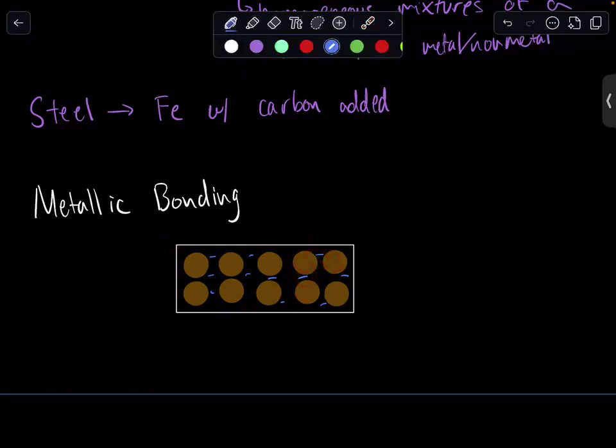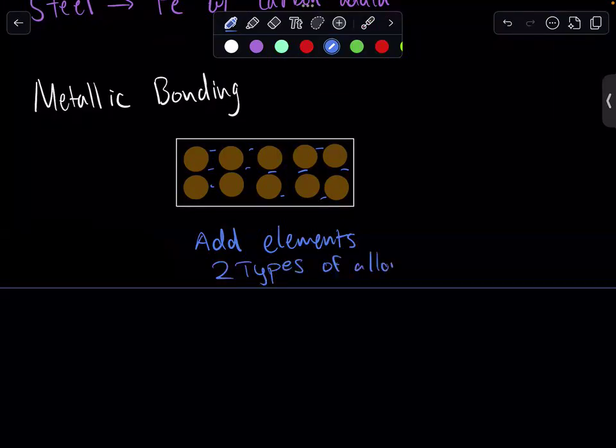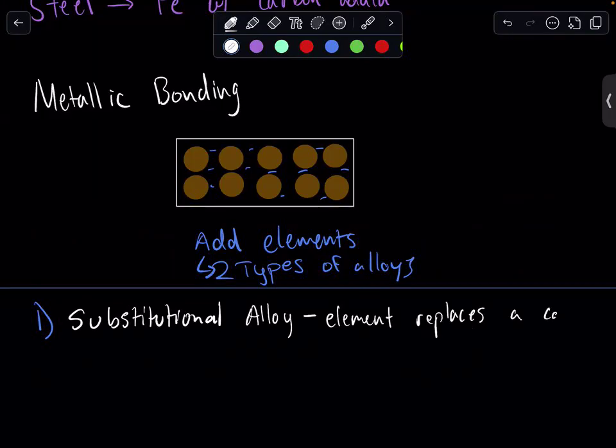When we add things into it, we create two types of alloys. So the first type is what we call a substitutional alloy. This often happens when you're adding metals, but this is where an element replaces a cation in the lattice.